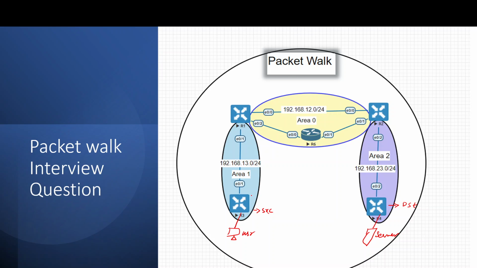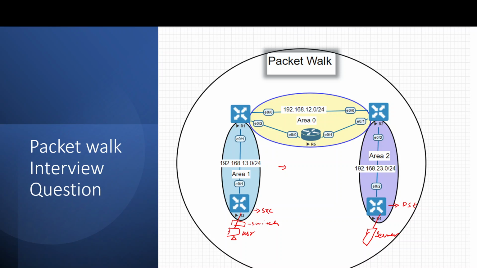So for that, you can answer in this way that I'm going to explain. You can say, first when you initiate from a PC, there will be a switch in the network.